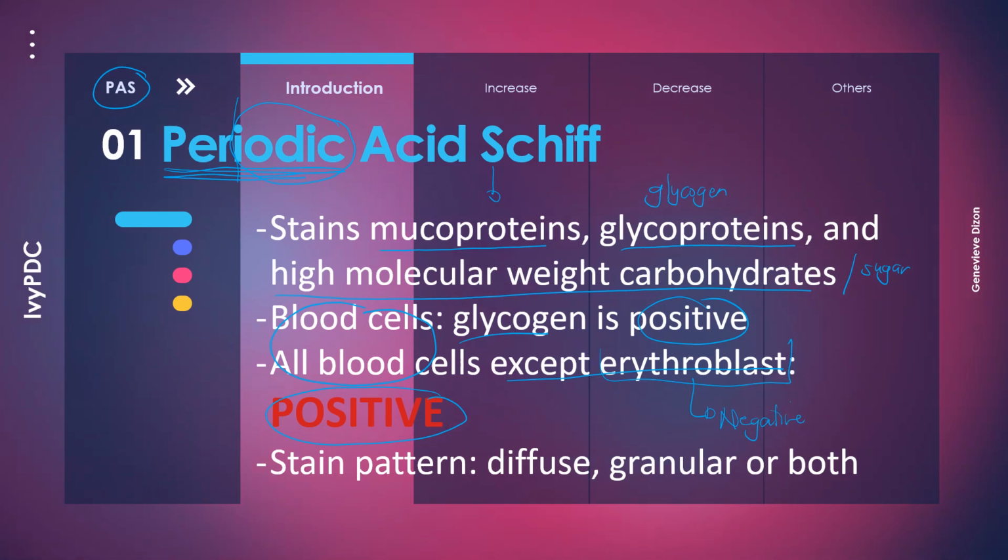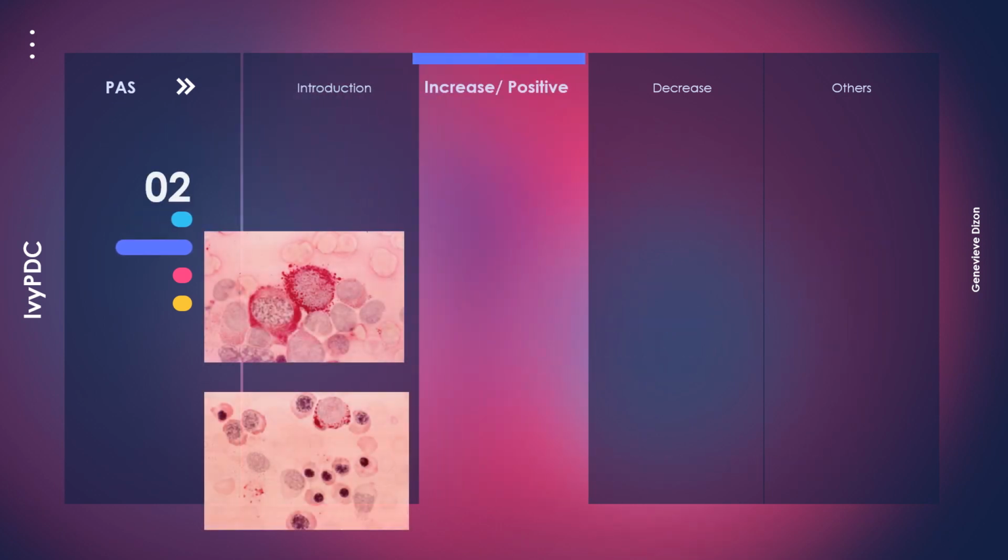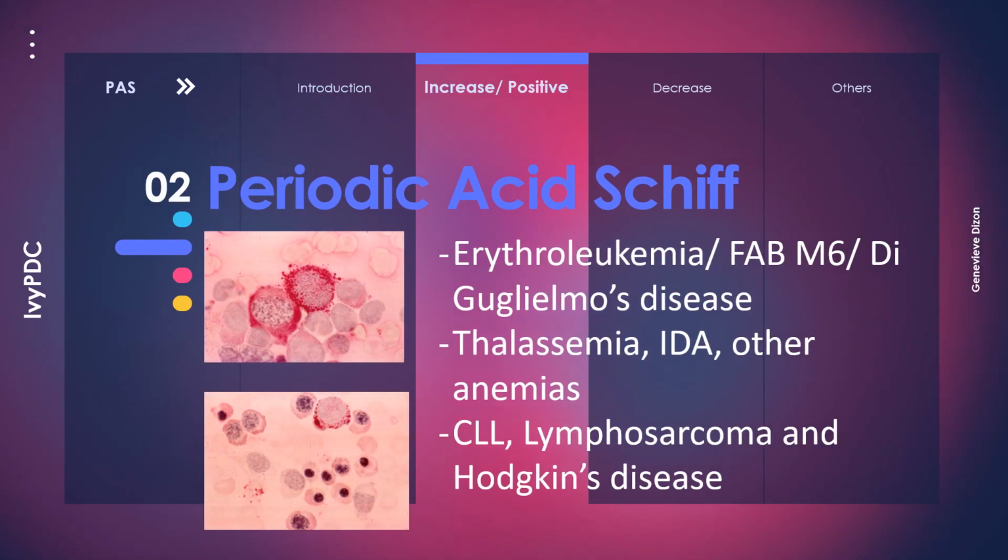Now, the intensity of the stain and the pattern of the stain will vary in each of the different kinds of cell. The pattern may be diffuse, granular, or it may be a mixture of both. As just mentioned, in normal conditions, erythroblast reaction for PAS is normally negative.